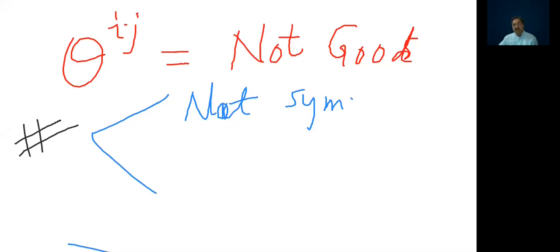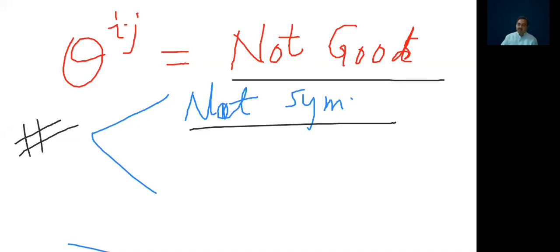I will tell you why the symmetry of a tensor is required tomorrow, while talking about angular momentum and other things. But for today, it's enough to say that this is not a good tensor because it is not symmetric. And number two, its components are not physically meaningful.